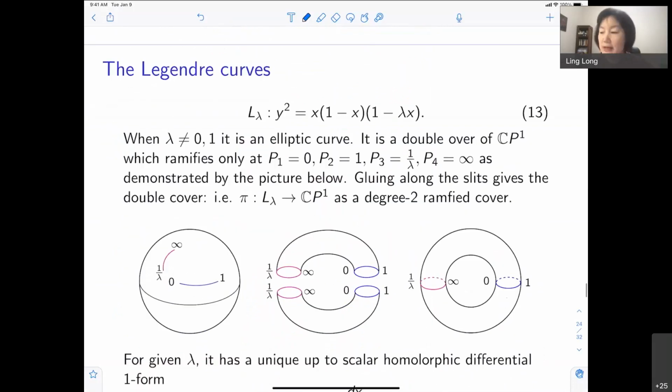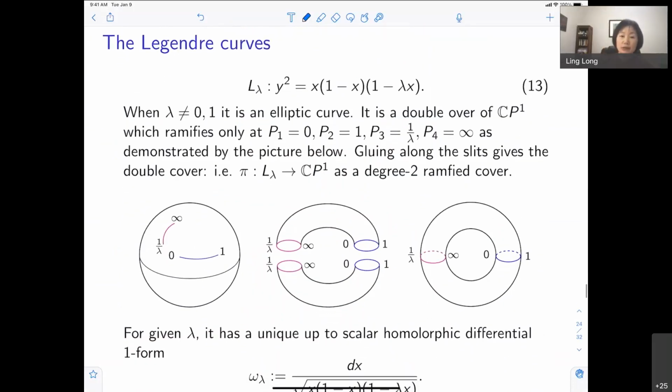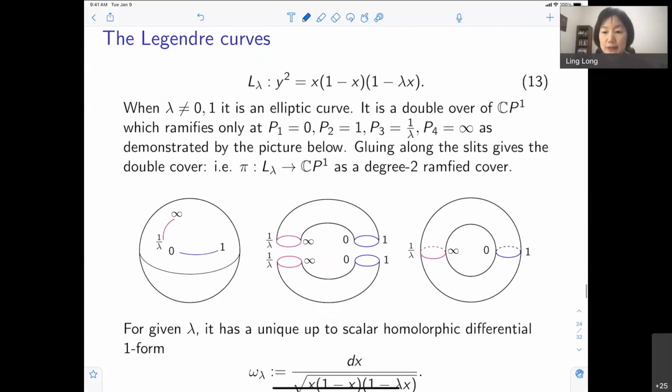Then we're going to spend some time on the Legendre curve. The Legendre curve basically is the prototype for a lot of things that we have done. It's written as y squared equals x times (x minus 1) times (x minus lambda), where lambda is a parameter, which you can fix to start with, as long as it's not 0 and 1.